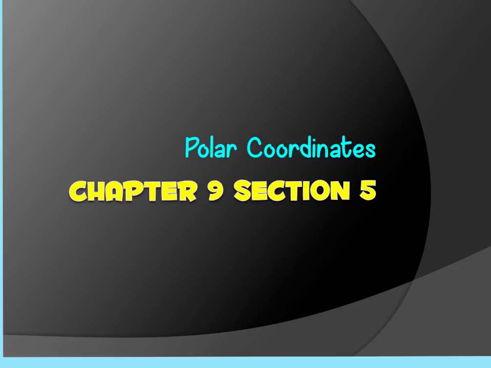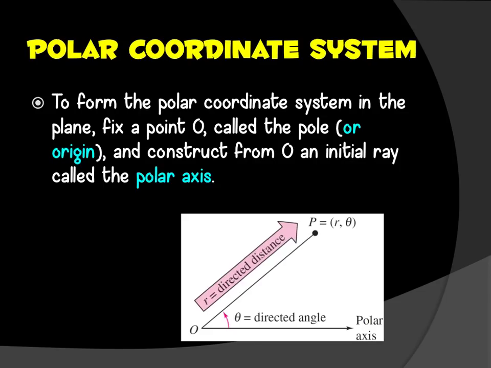Okay, so a polar coordinate system is formed around a fixed point, which is labeled O, called the pole. It's the same as the origin. So if I had an x-axis and a y-axis and they cross at the origin, now we have what's called the polar axis and the y-axis that crosses at what we call the pole.